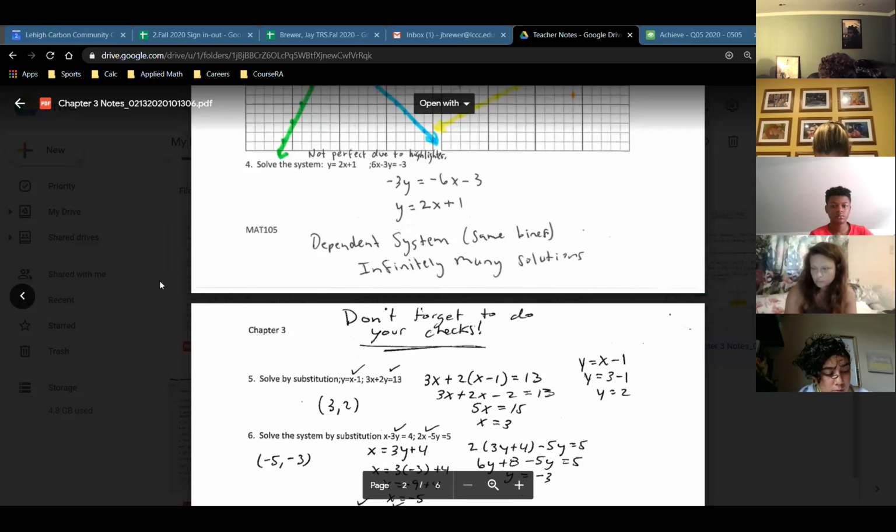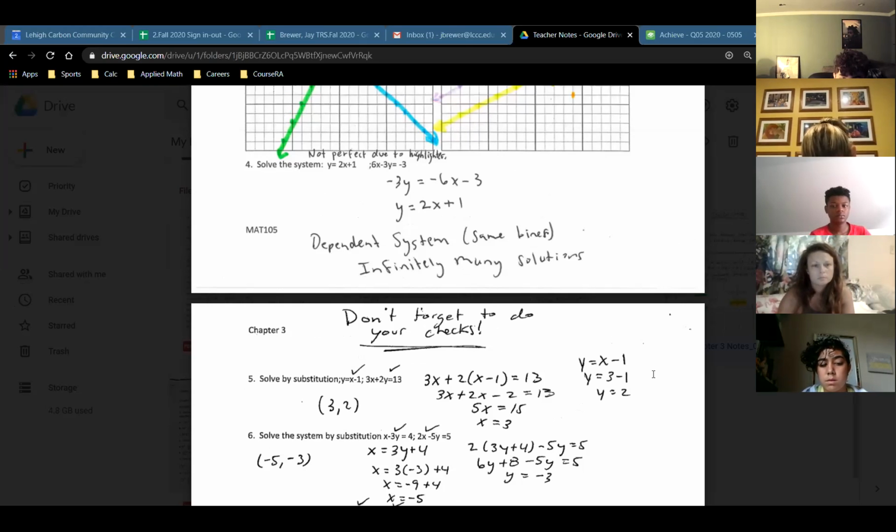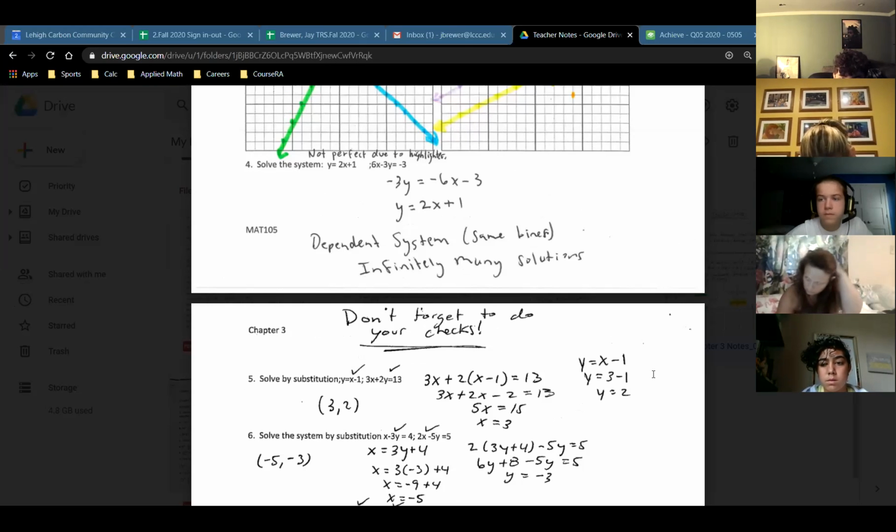So there's a statement on the next page. It says, don't forget to do your checks. What do you guys think that means? I can tell you that we're talking about once you find your point of intersection.